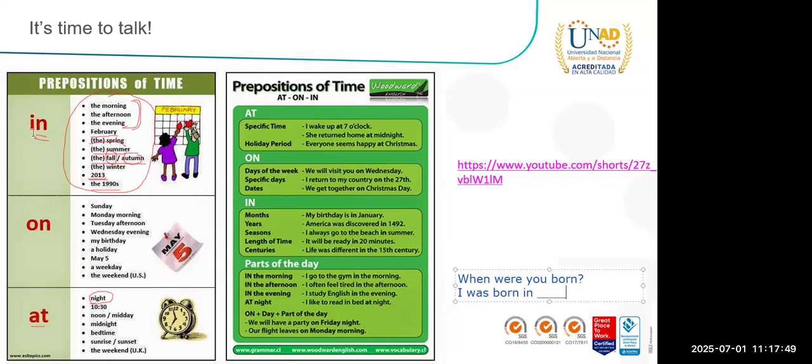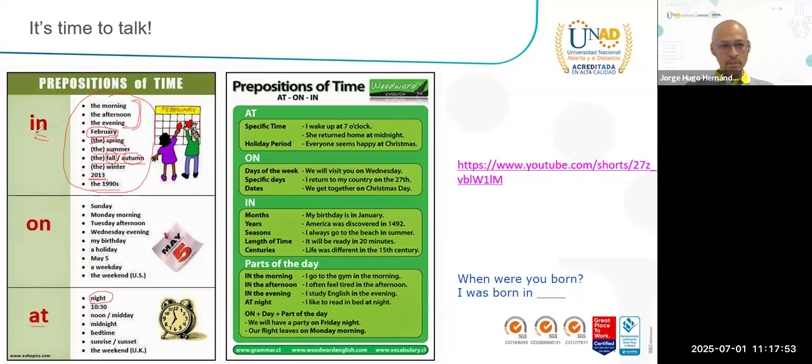Because if you say only the month, you use in. But look at this. If you say the month and the day, you don't use in. You have to use on. It's different. You have to take that into account. If you only say the month, in; if you say the month and the day, on.